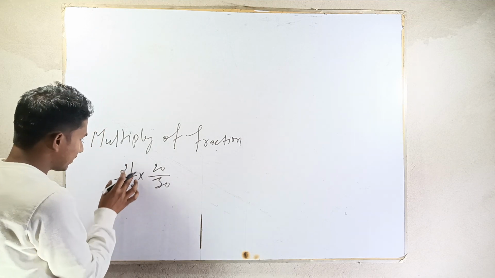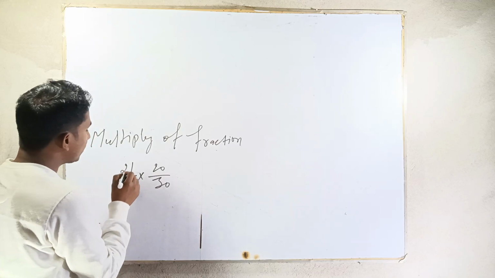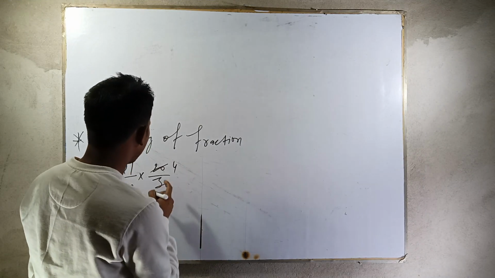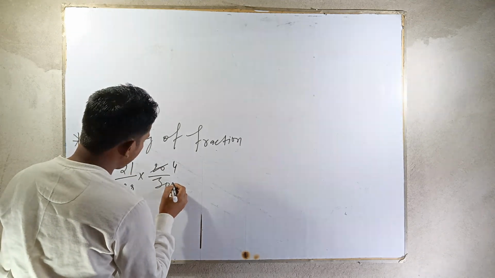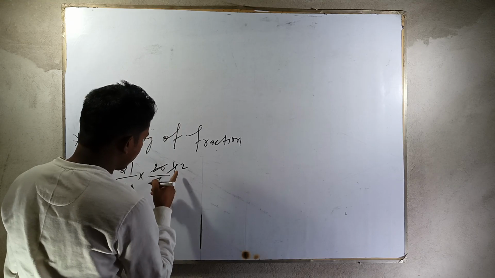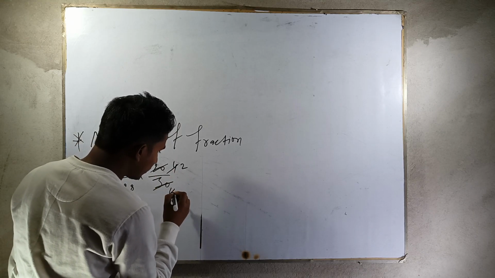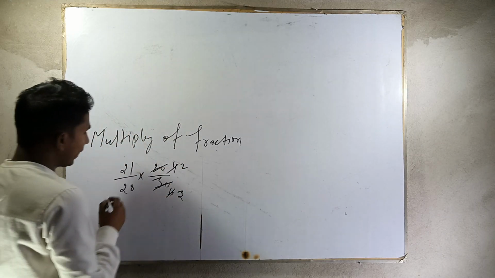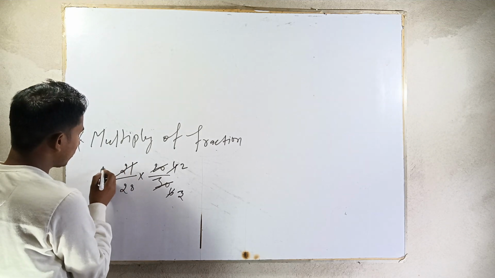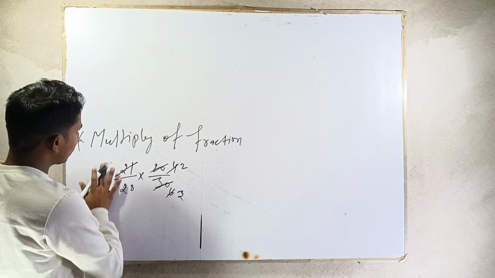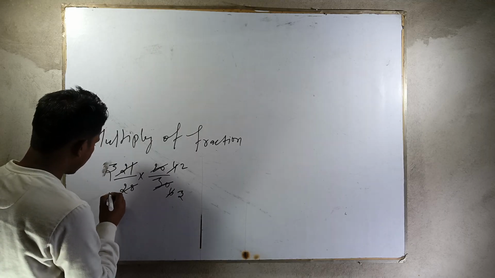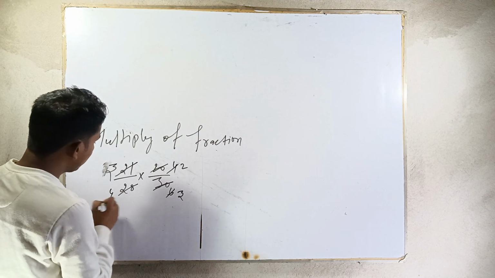I must divide: 5 times 4 is 20, 5 times 6 is 30, 2 times 2 and 2 times 3 is 6, and 7 times 3 is 21, and 7 times 4 is 28.